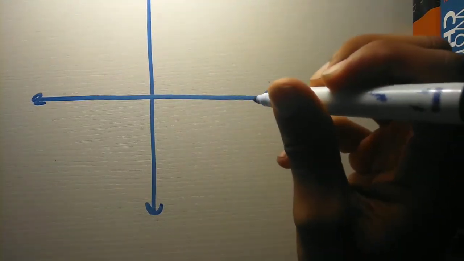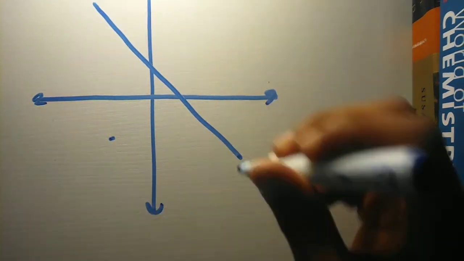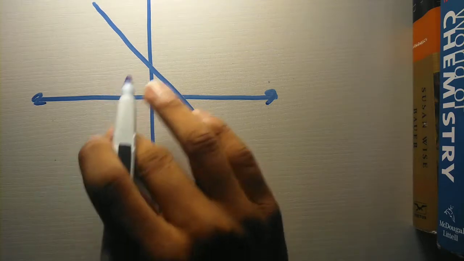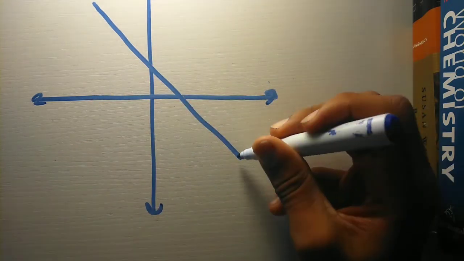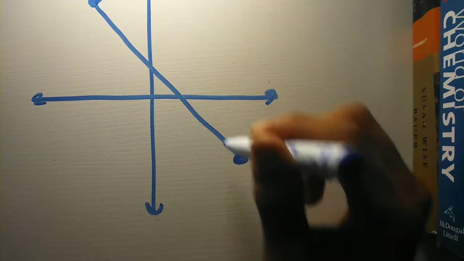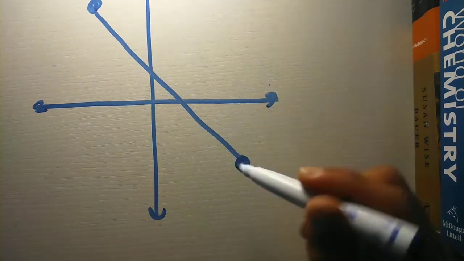We're going to randomly pick a couple of points and draw a line. Sorry, I'm getting ahead of myself. This is our line segment.